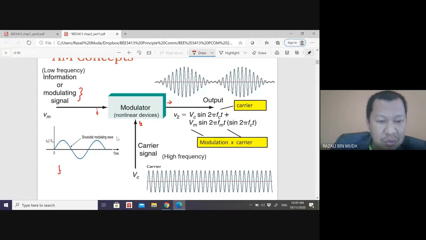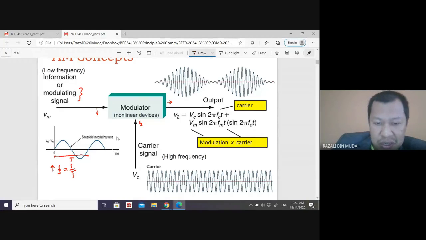This modulating signal has very low frequency compared to this, because you know the frequency is f equal to, as we have seen before, 1 over T, right? So this is T. The bigger the T, the smaller the frequency.